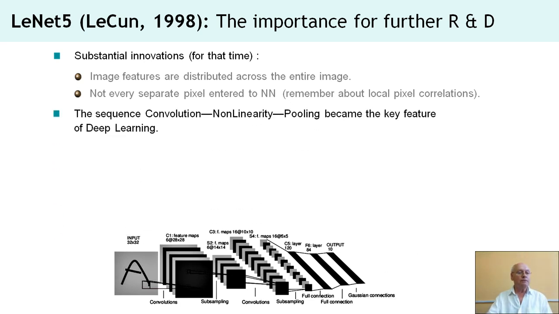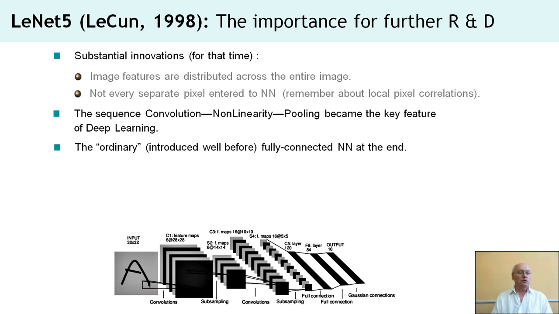So let's go further. The sequence convolution, non-linearity, and pooling, we do not consider non-linearity here, it's not very important right now. Convolution, non-linearity, and pooling, these three operations actually constitute the deep learning idea. Next, you have to remember that the ordinary neural networks are at the end, so we have a convolutional part and a classification part.